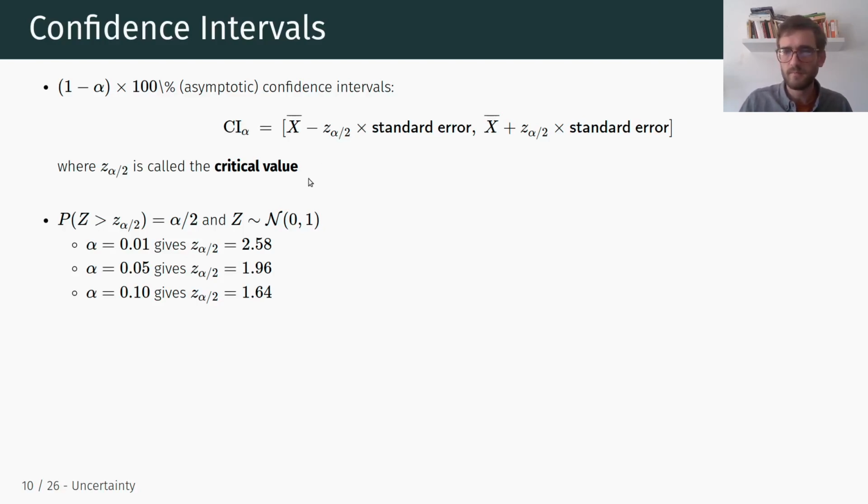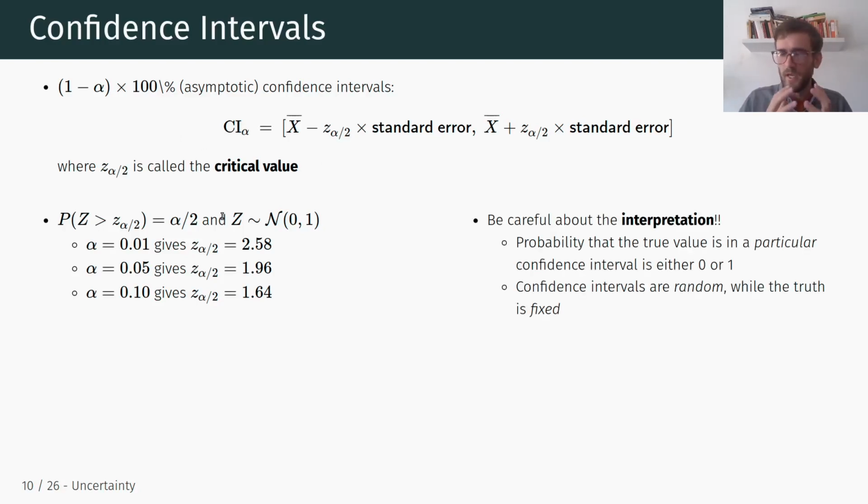Again, we have to be careful about the interpretation of these confidence intervals, right? As I mentioned, the probability that the true value is in a particular confidence interval is either 0 or 1. For one specific confidence interval that we compute, the true value is either in there or not, since we're thinking about this in frequentist terms.